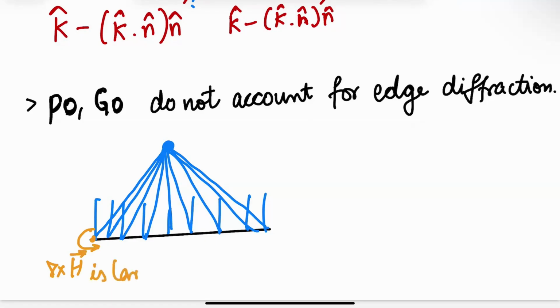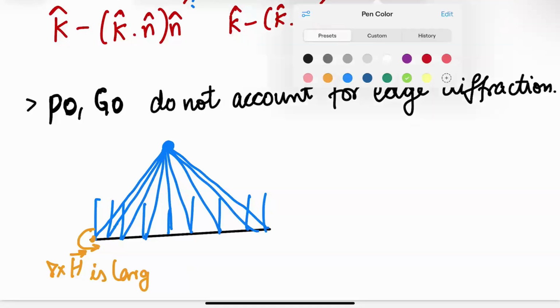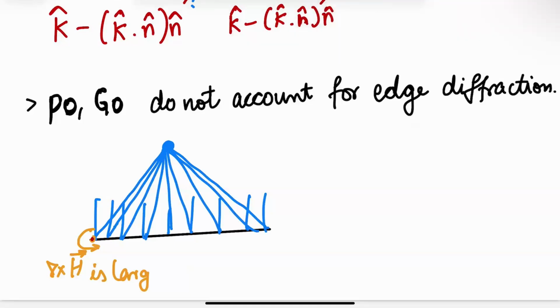Because the curl of H is large, the currents on the ends would be very large. So if you do the full wave solver, you'll see that the currents actually become very large towards the ends, something like this. They blow up.